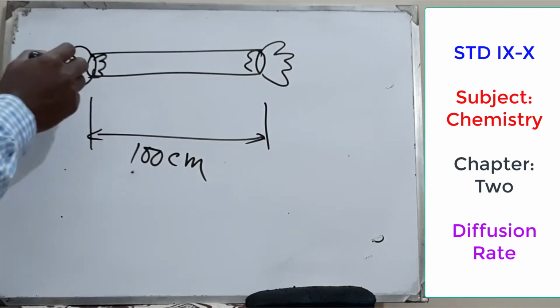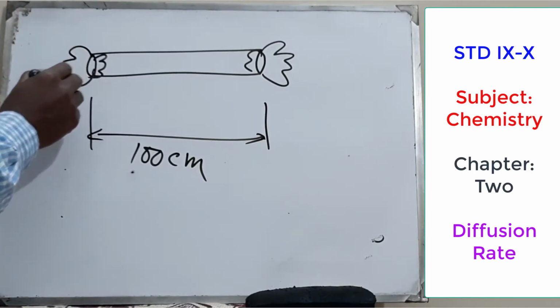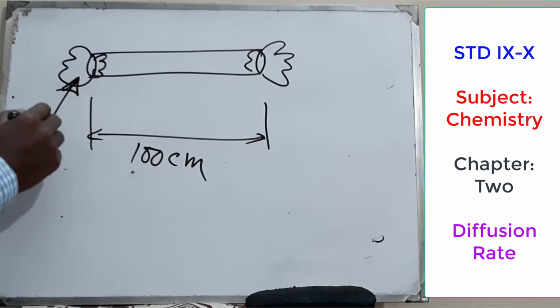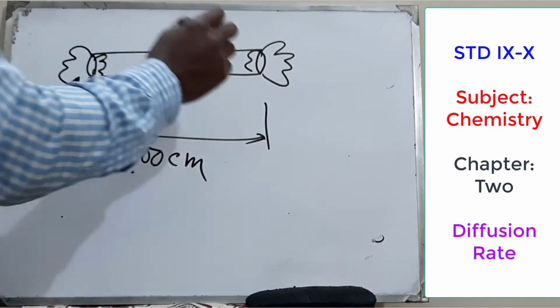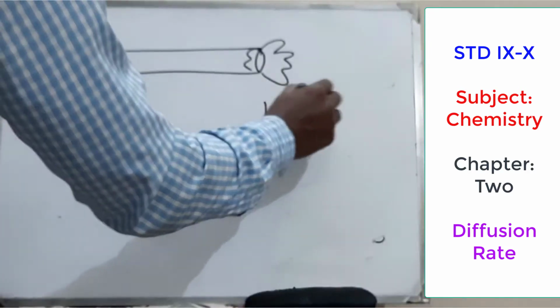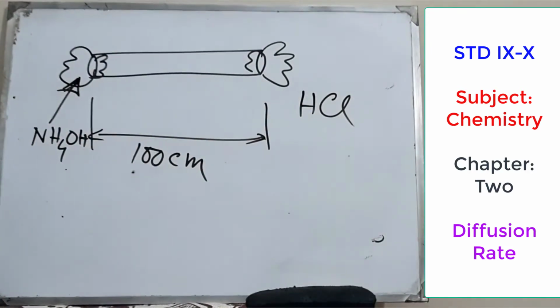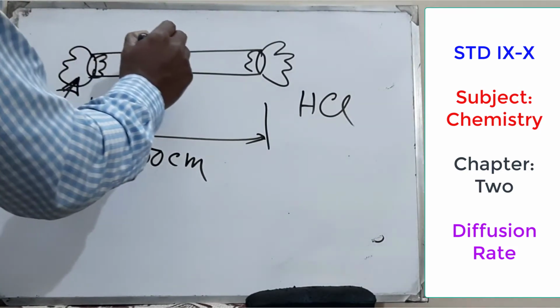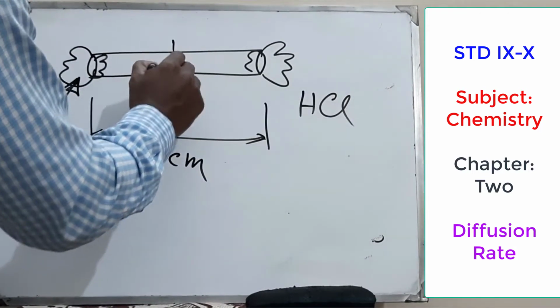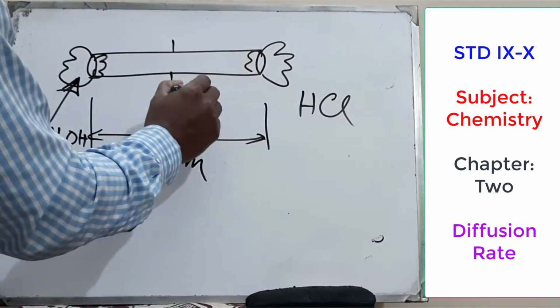In this cotton I will give ammonium hydroxide, and in this cotton I'll give concentrated hydrochloric acid. Since the length of the tube is 100 centimeter, this one might be 50 centimeter.